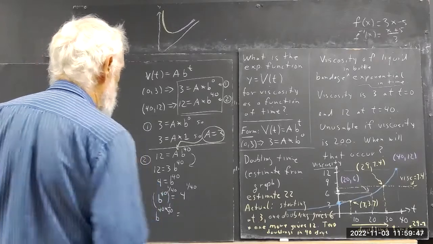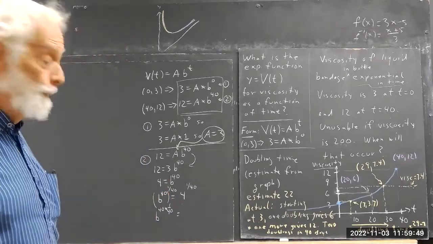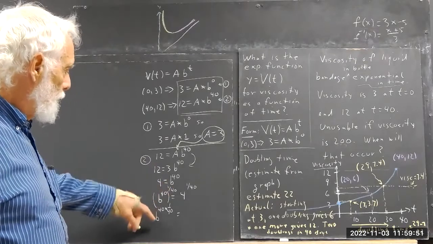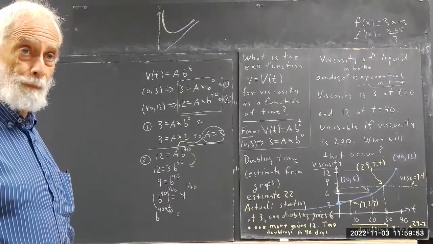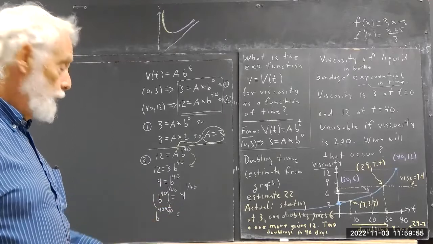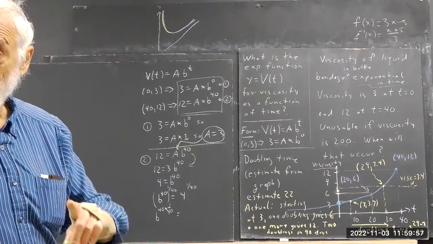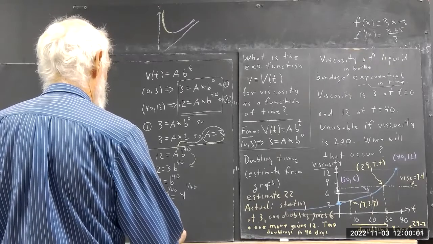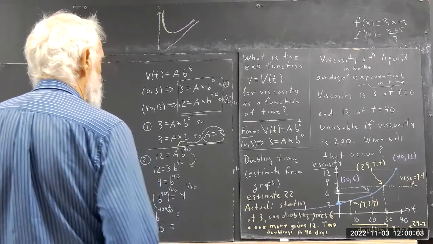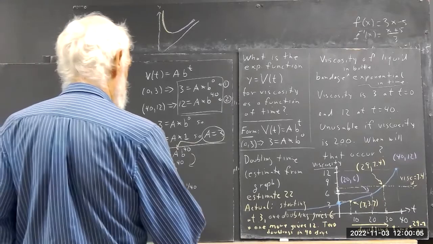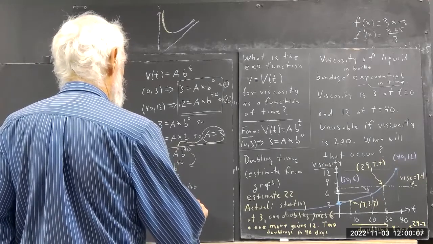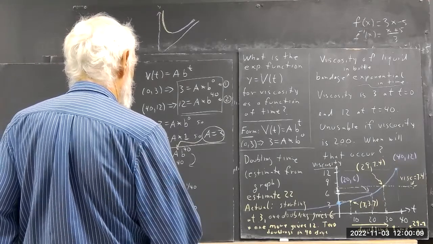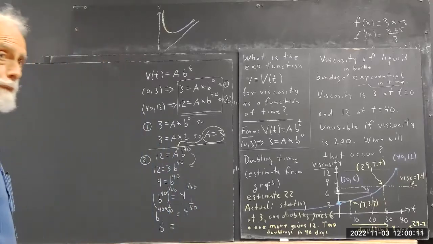By rules of exponents, why did we do the 1/40th power? Because if you do a power to a power, you're going to multiply the powers. If you multiply 40 by 1/40th, you're going to get 1, and that's going to give you B. Well, B to the 1 is 4 to the 1/40th.